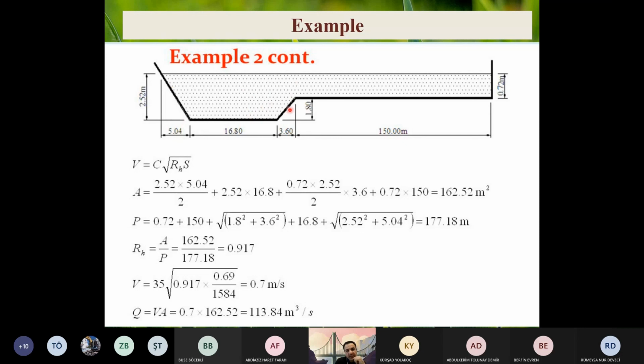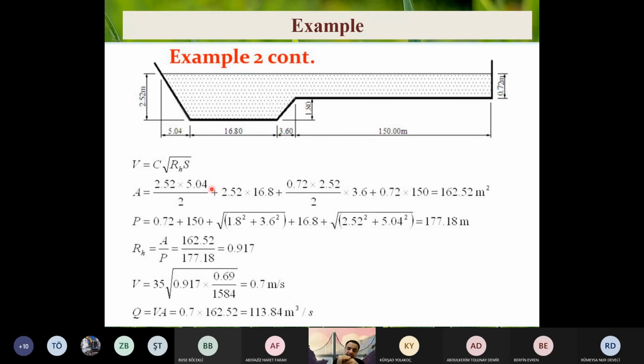For example, the hydraulic radius of this section definitely will be different from the hydraulic radius of this section. It means that you should calculate velocity here separately, and velocity for here separately. Then you can calculate discharge of here separately, discharge of here separately, and then add together. Definitely, it gives you another answer than this one.